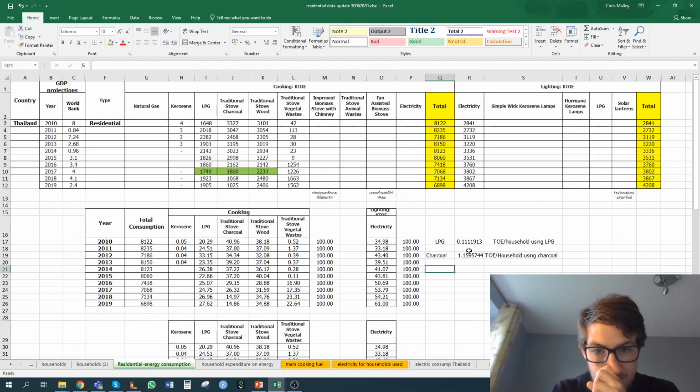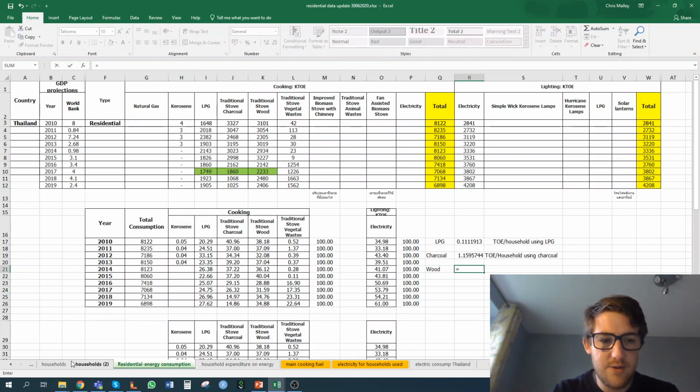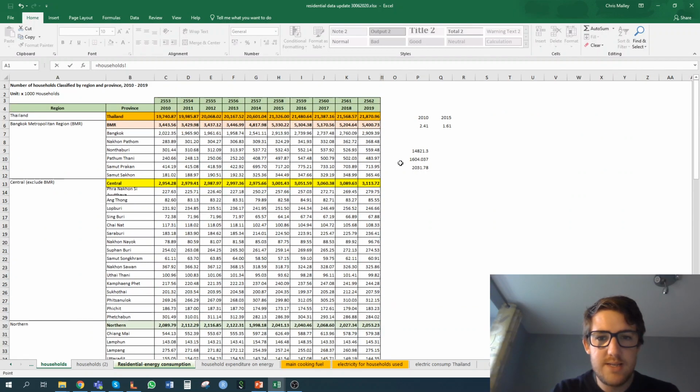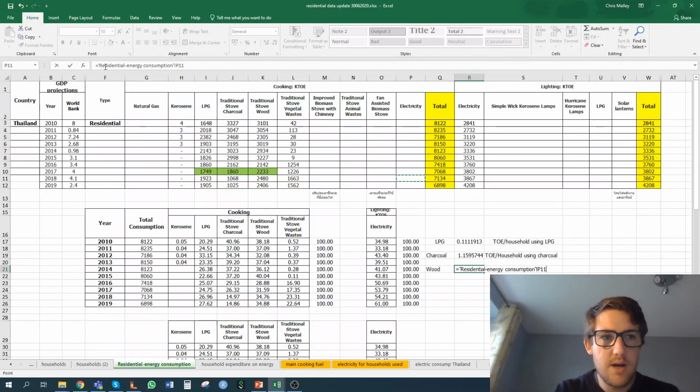So now my values are a bit different. So let me just calculate the value for wood. So it is the number of households using wood and I want to take this value here.